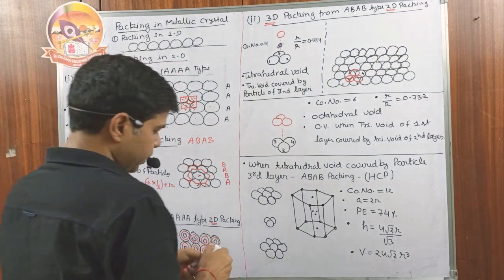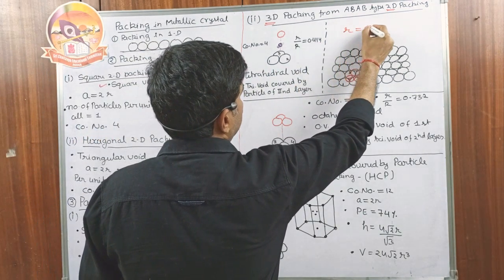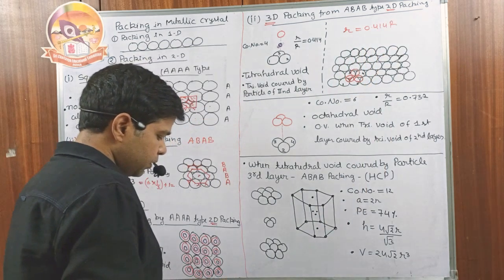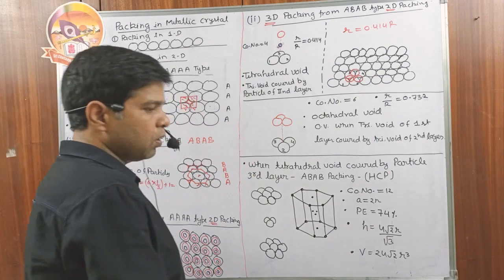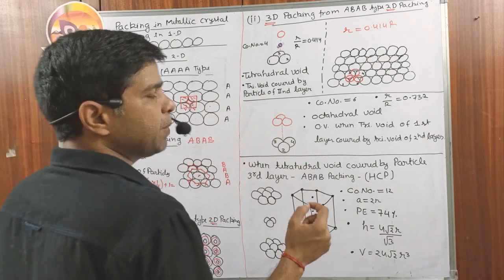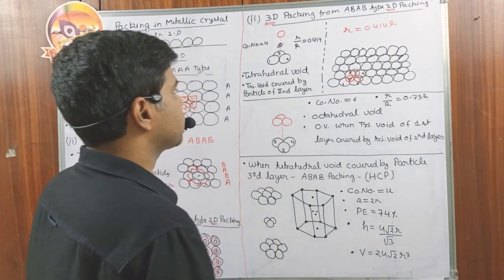Which means small r is equal to 0.414 of R. So a smaller particle whose radius is 0.414 times that of the bigger particle can exactly fit in the tetrahedral void without any disturbance.